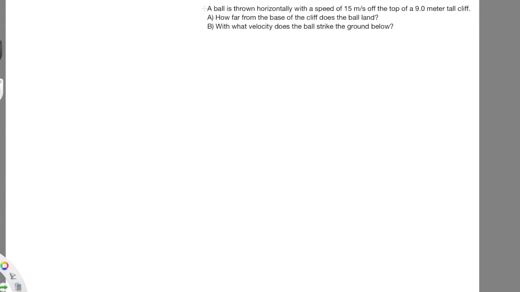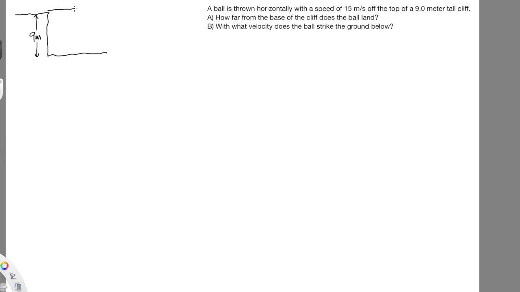So in this problem, we have a ball thrown horizontally with a speed of 15 meters per second from the top of a 9-meter tall cliff. So good to draw ourselves a picture over here. We've got our cliff, which is 9 meters tall.